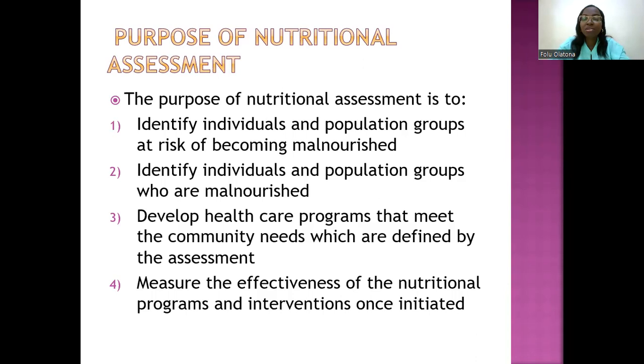If you give them the iron supplement, they may receive them, but never take them. So it's very important that if you want to develop a healthcare program, you must find out the needs of the community. They must agree that they need that healthcare program. And it's your assessment that will determine the particular need, the particular healthcare program that is needed.